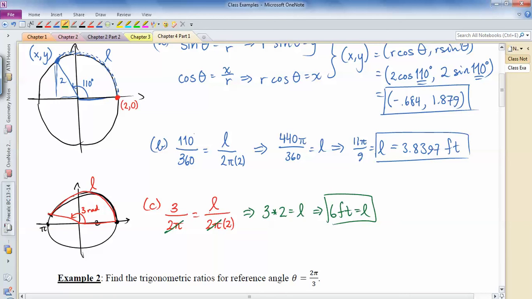Now, I want to mention why this is called radians. A radian is, if I took this one radius right here, let me do a different color altogether. So first put this back. If I took one radius right here, okay, there's my radius.